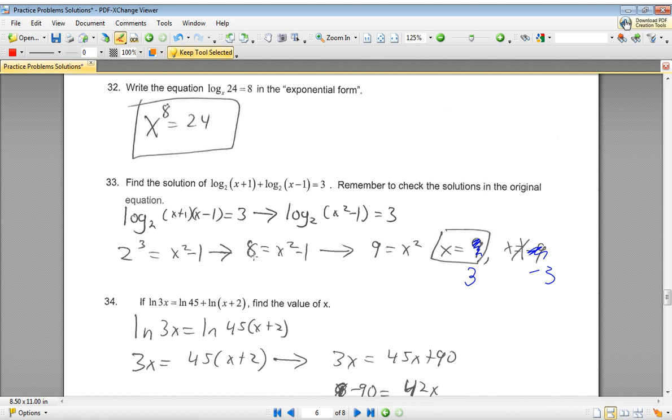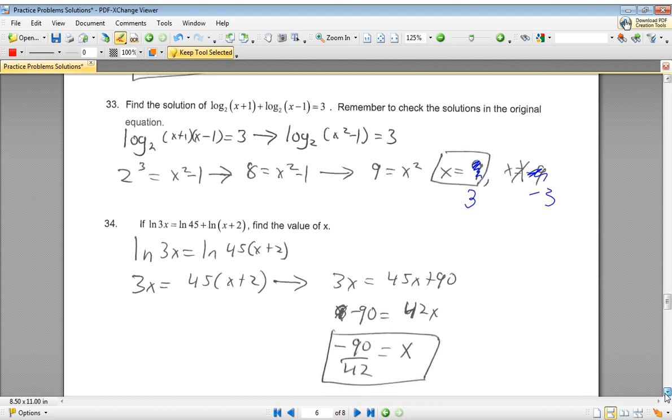So we have 8 equals x squared minus 1. Add 1, take the square root of both sides, and we have x equals 3 and negative 3. Check the solutions in the original equation. You just want to make sure that you're not going to get a number that isn't possible. So I would check to make sure that both of those solutions work.